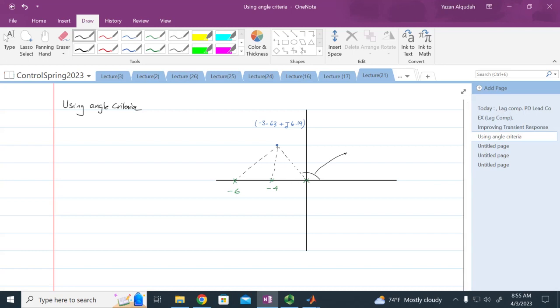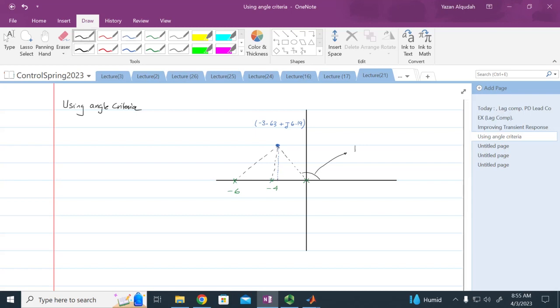120? Close enough. It's going to equal 180 minus this angle. What is this angle? Tangent inverse of 6.19 divided by 3.63. See it? So I'm going to plot another line here that is the actual location of this pole.